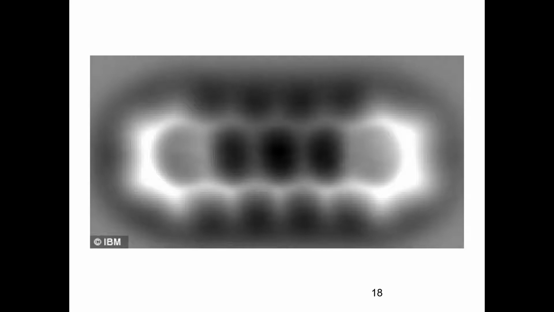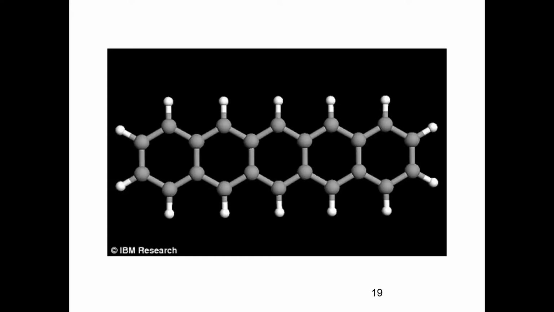Here's an organic molecule of pentacene, which has 22 carbon atoms and 14 hydrogen atoms. Hopefully you're remembering the organic molecules that the carbon atoms form rings and the hydrogen atoms hang off of those rings. Here's a model of pentacene.